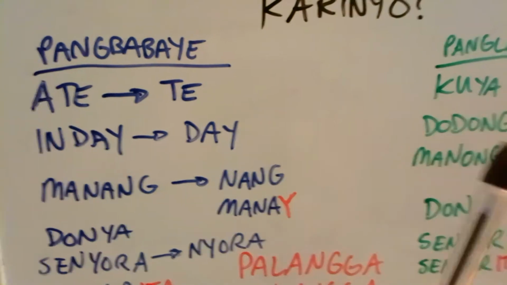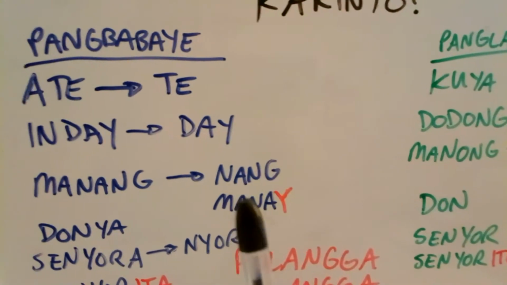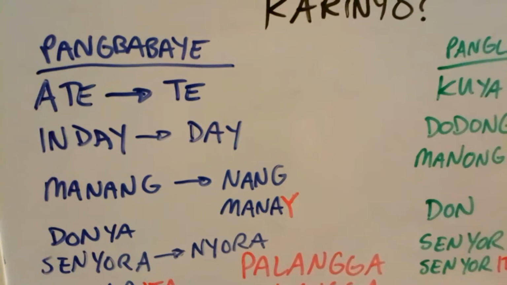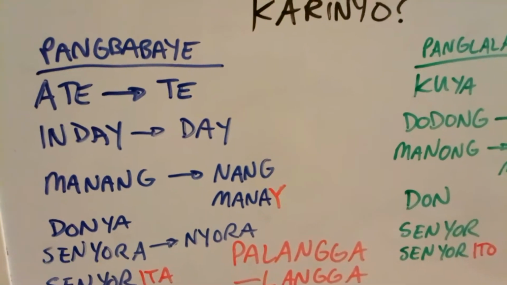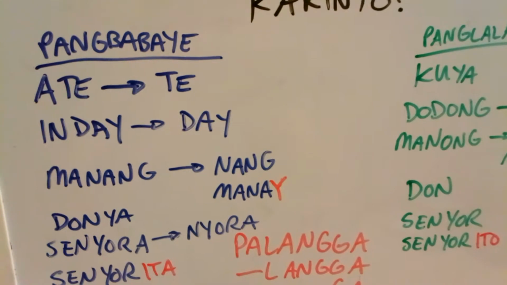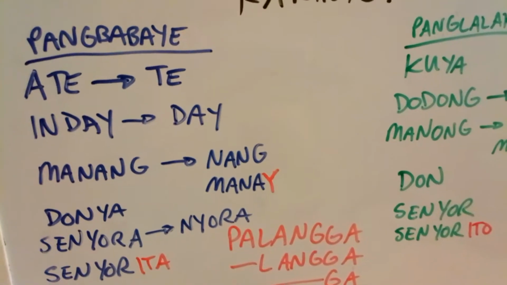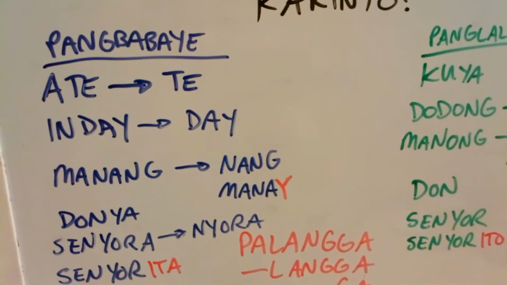For ate and kuya, even though they mean big sister and big brother, sometimes you can address someone out in public, like a taxi driver or a jeepney driver, that way.